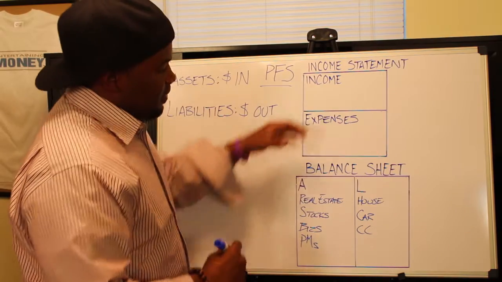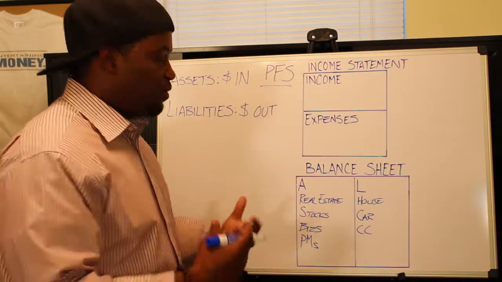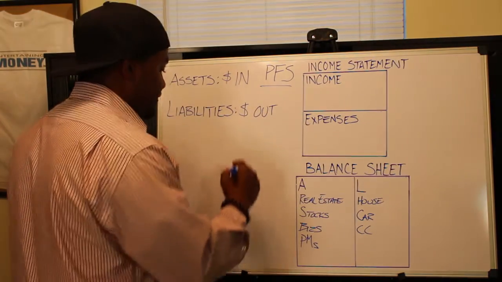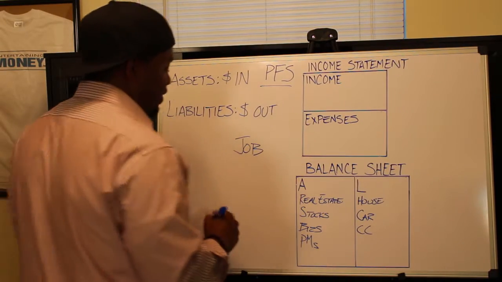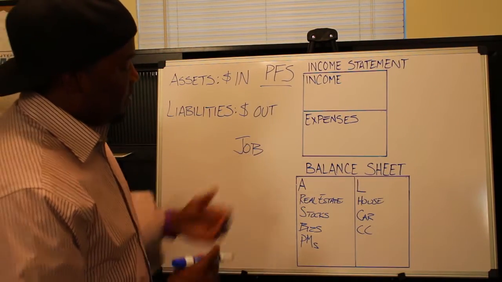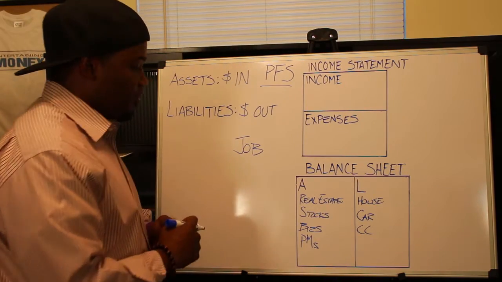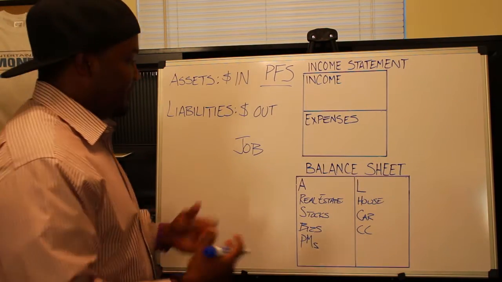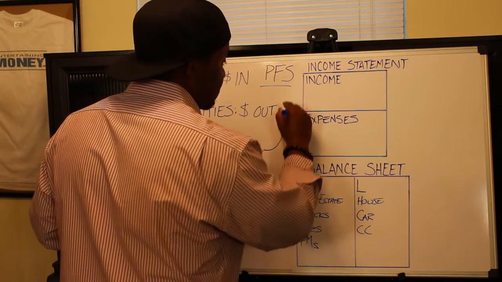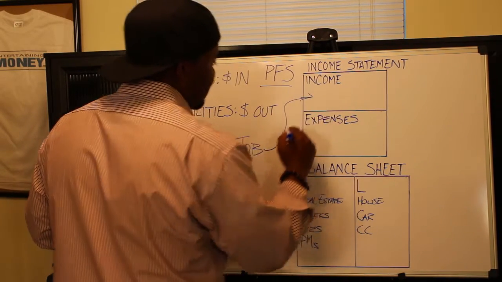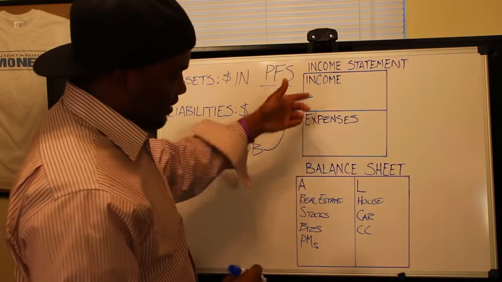So for income, most people obtain their income from a job. So from that job, they may earn a wage or they may earn a commission. It may be even tips. So income, job, income.